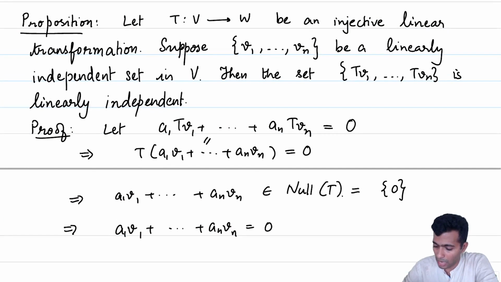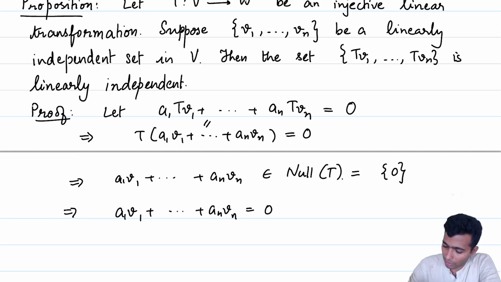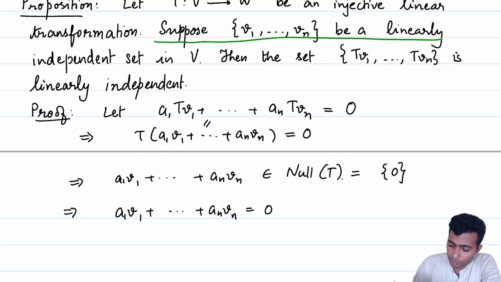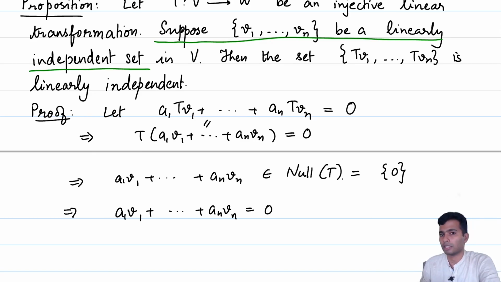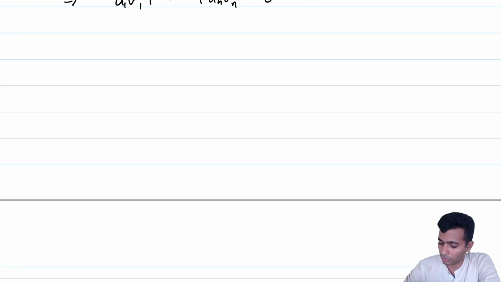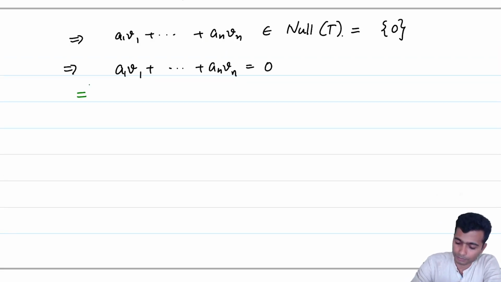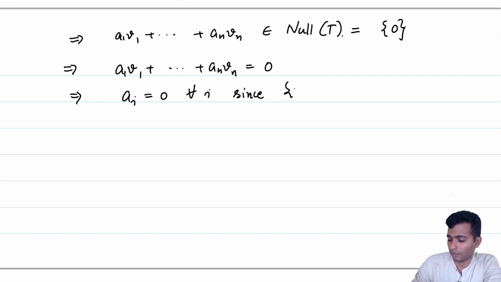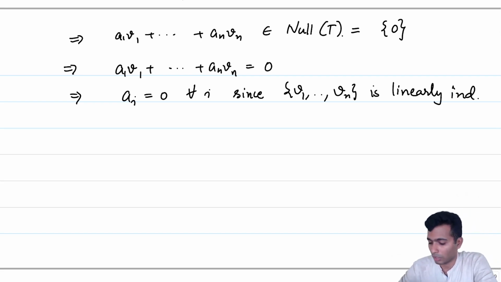But now let me bring your attention back to our hypothesis, which I am now again underlining in green. We started off with the hypothesis that v1, v2 up to vn is a linearly independent set, and therefore this forces these coefficients to be equal to 0. ai is equal to 0 for all i, since v1 to vn is linearly independent, and that's precisely what we had set out to prove.